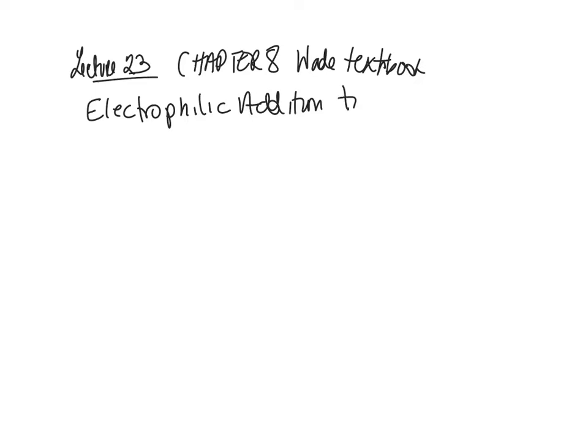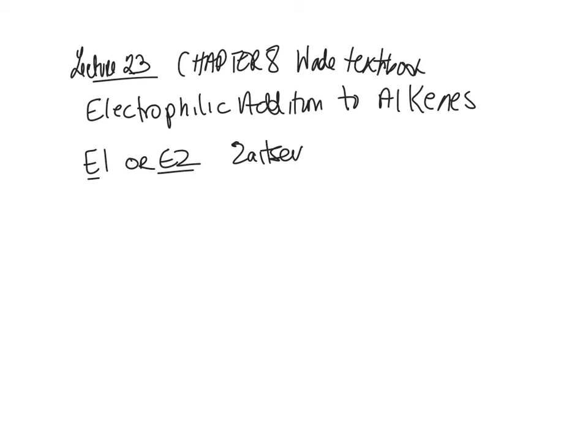to Alkenes. So the last chapter we talked about how to synthesize alkenes, and we talked about the stability of alkenes. So we make alkenes by either an E1 or an E2 mechanism. And we talked about Zatsev's rule, and the opposite of Zatsev's is Hoffman.